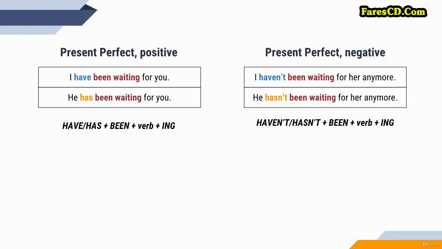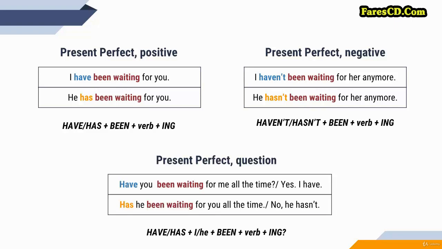It's logical as it's almost the same as present perfect, I mean as structure. So the difference here, again, haven't or hasn't, then been. Been is not the marker of passive voice. Been is the marker in this tense of present perfect continuous. After that comes the verb plus ing.